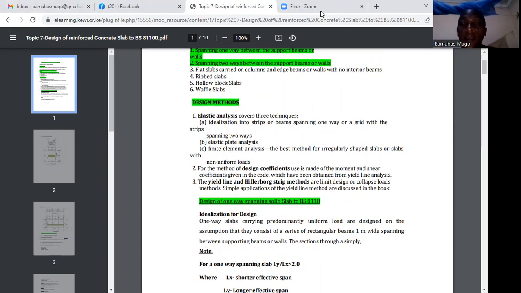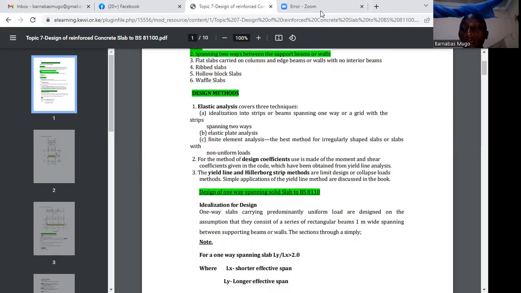Then we are going to look at the elastic plate analysis, and then the finite element analysis, and we are going to do it in detail later. Then in the design, we are also going to look at the design coefficients that are used in the design of the slab. And also we are going to look at the yield line method of design.